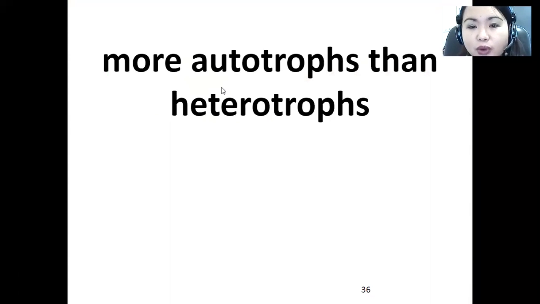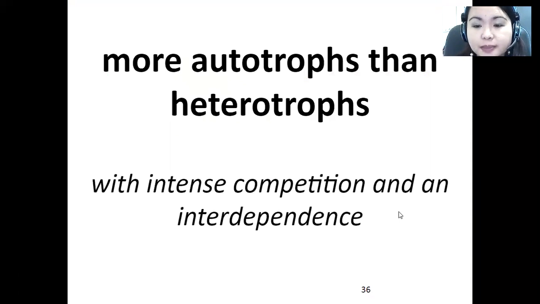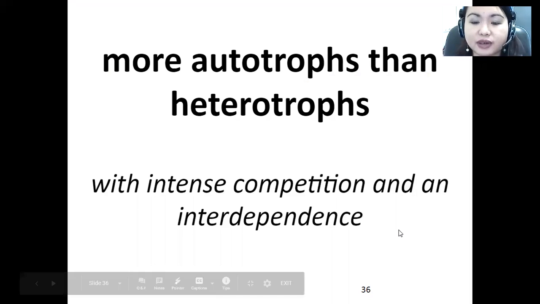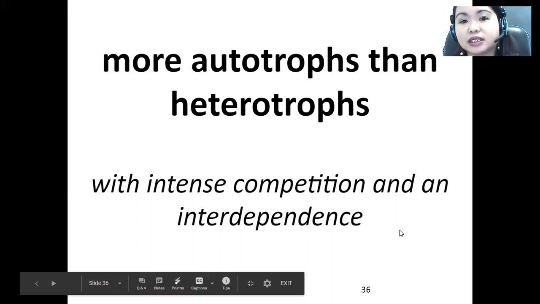So there are more autotrophs than heterotrophs, of course, with intense competition and interdependence. So we will never survive without the autotrophs or the plants, because we depend on each other in an ecological system. So that's all for our discussion for now.